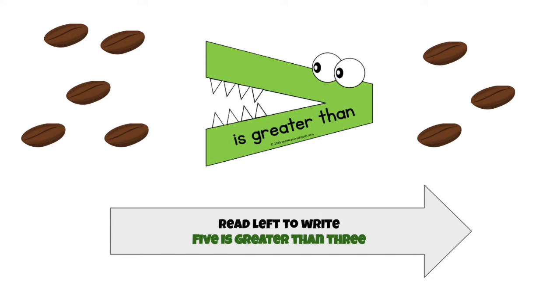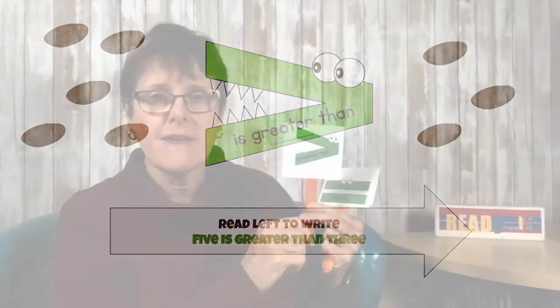So if you have 5 beans on this side, 2 beans on this side, it'll read 5 is greater than 2. So you'll put your manipulatives in 2 groups on the table, have your child count which one is more, and then the appropriate alligator will be put, whether it's less than or greater than.